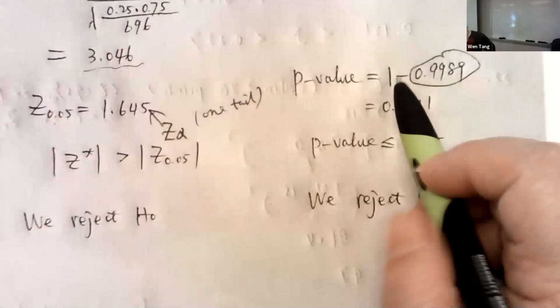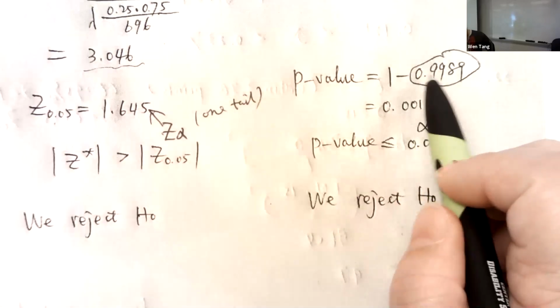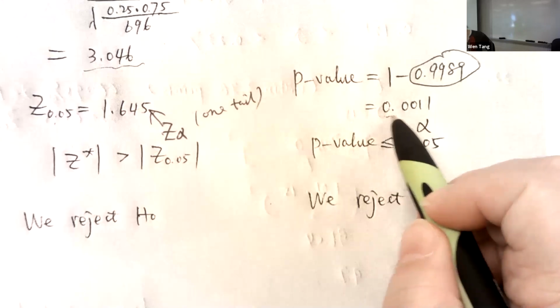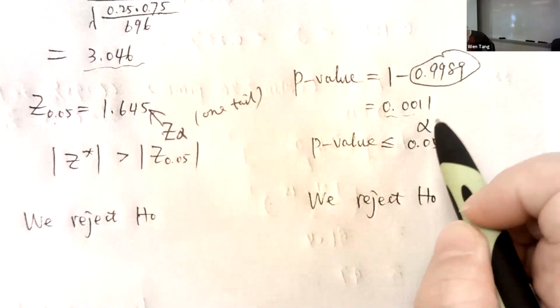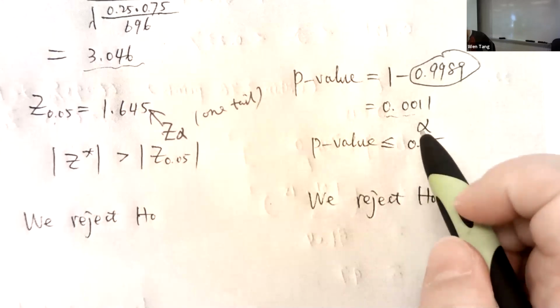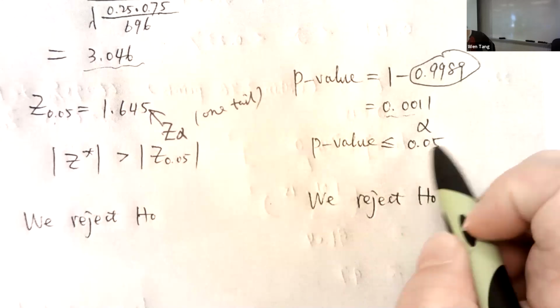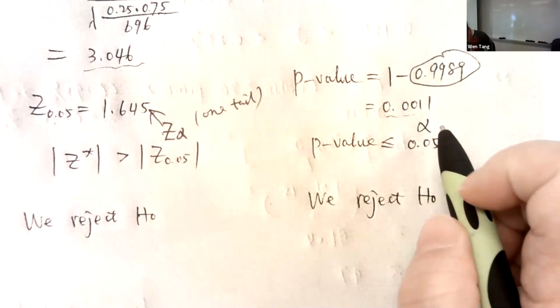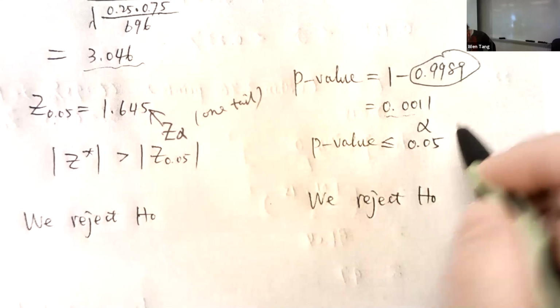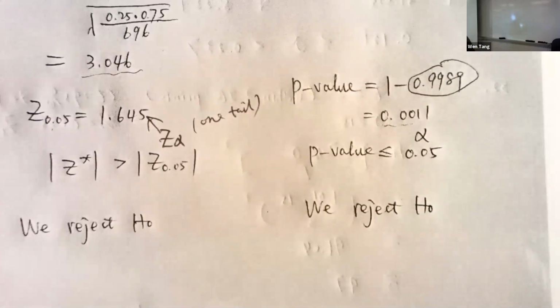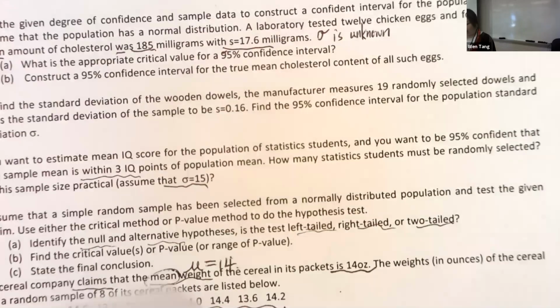We should use the total area minus the cumulative area to get this area. And we realize this area is very small. This probability, the p-value, is less than 0.05. So the p-value is low, the null must go. We reject it. Okay, that's all for the practice final exam.